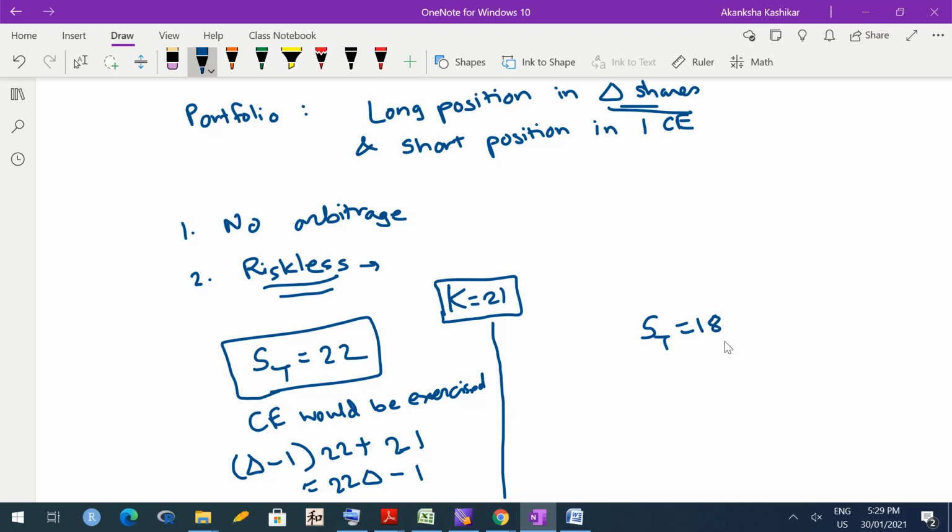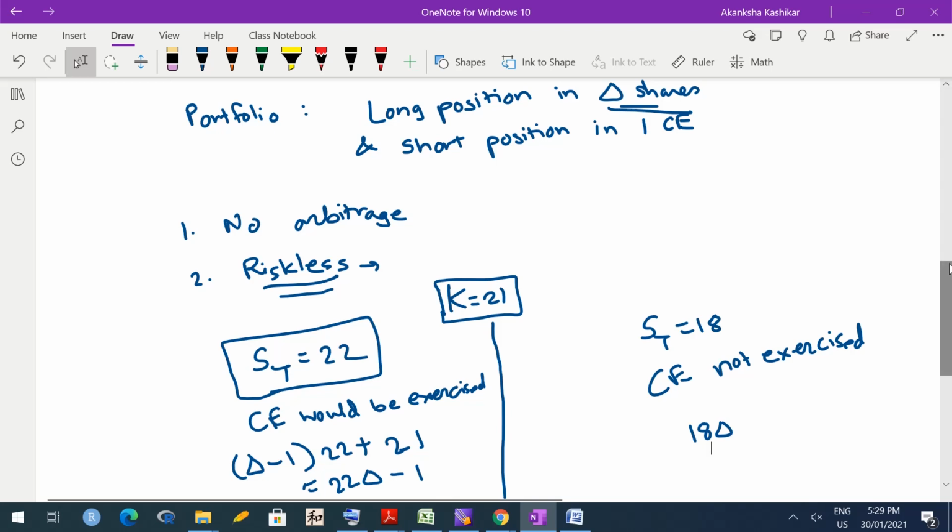If market price is 18, then the holder of the option is not going to exercise. So the call option will not be exercised and worth of my portfolio is 18 delta. Because the call option is not exercised, I don't have to sell any of my shares. So all my delta shares are with me and each share is worth 18 rupees. So worth of the portfolio is 18 delta.